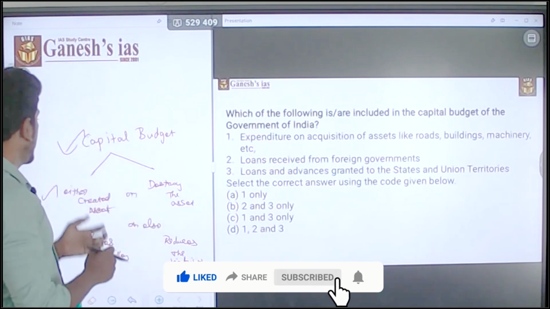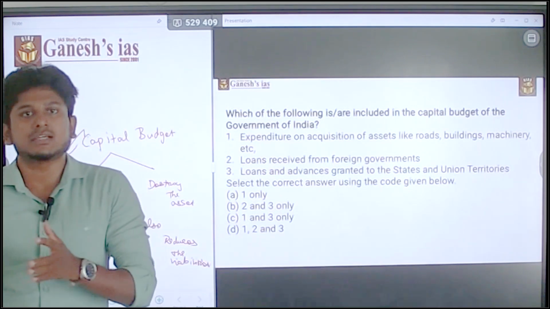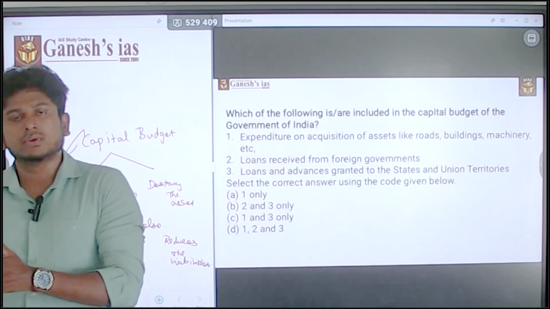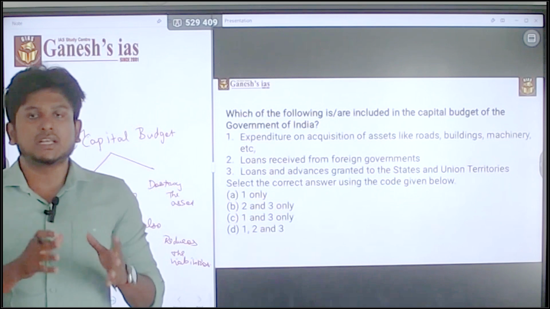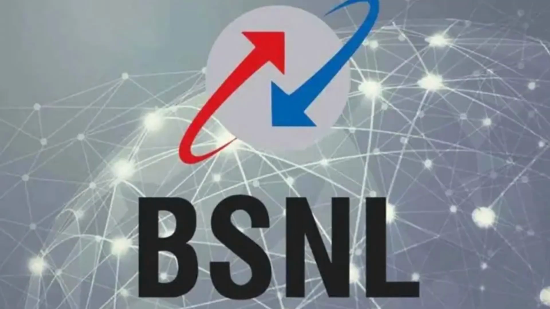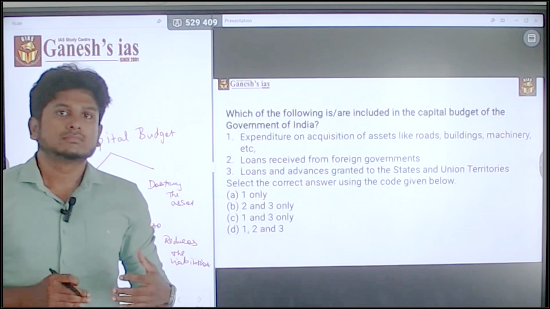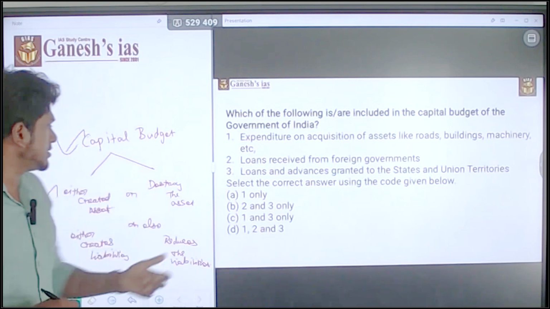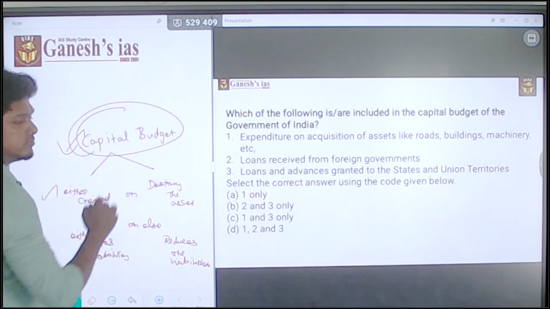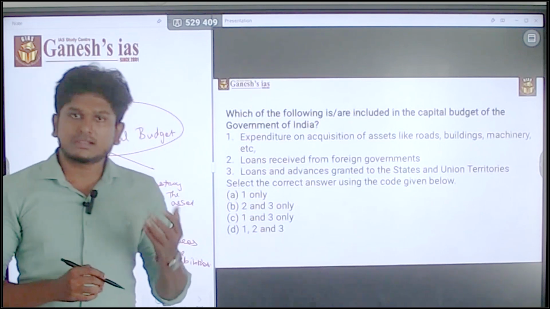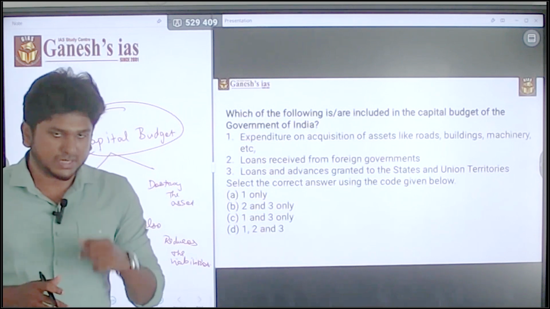If the government has an idea of selling the BSNL shares, that also comes under the capital budget. So either it creates the asset or it reduces the asset.